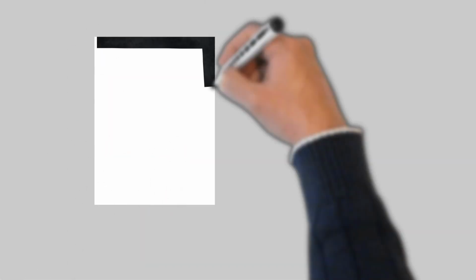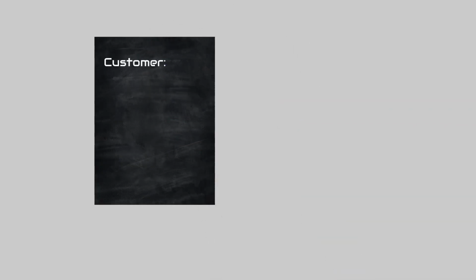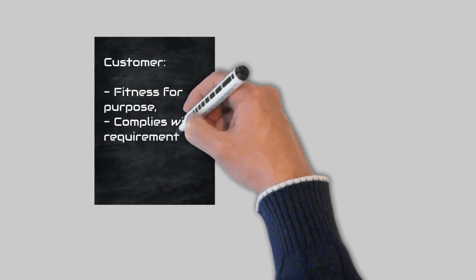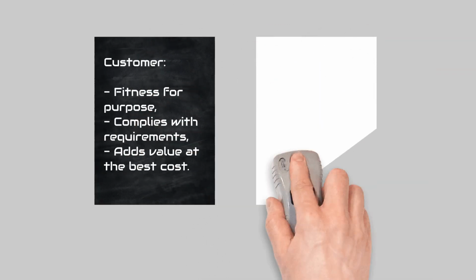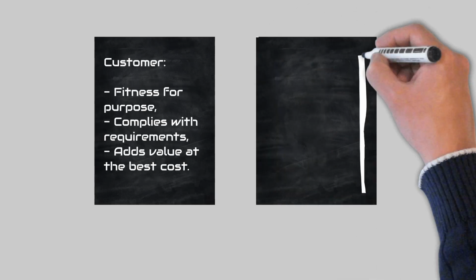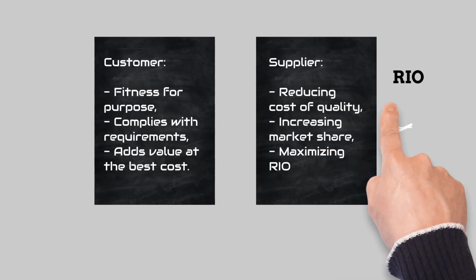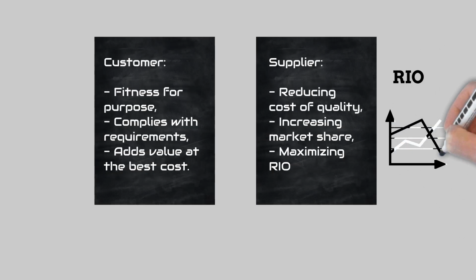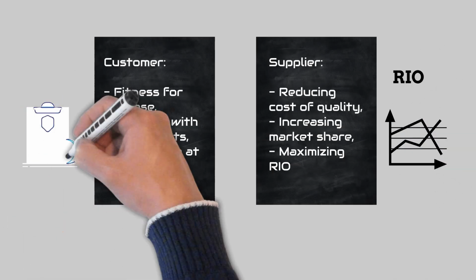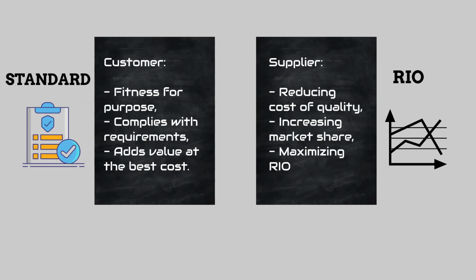From customer point of view, quality is fitness for purpose, compliance with the requirements, adds value at the best cost. From the supplier point of view, it's a little bit different. The supplier thinks of quality as reducing cost of quality, increasing market share, and maximizing return on investment.